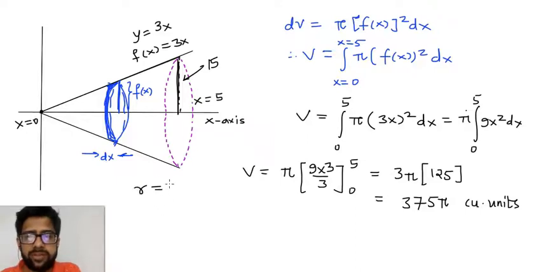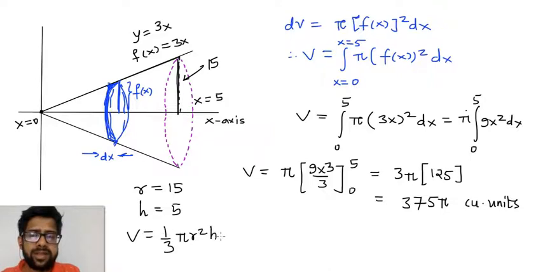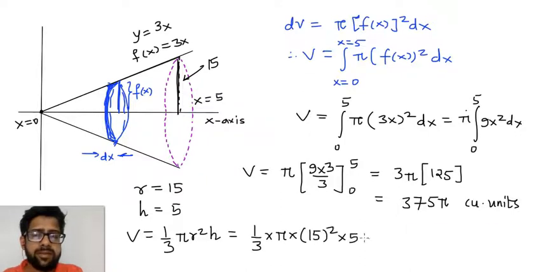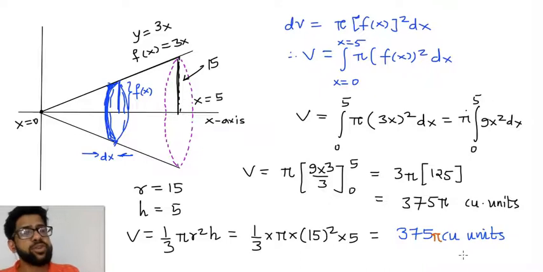If the radius of the cone is 15 units and the height of the cone, which is horizontal right now but let's say that's the height, is 5, then the volume of the cone is given by 1 by 3 pi r squared h. That is 1 by 3 times pi times 15 squared times 5, which is equal to 375 pi cubic units. So we have verified we get the correct answer using this formula.